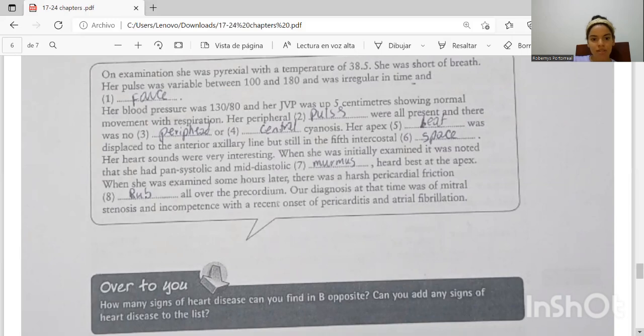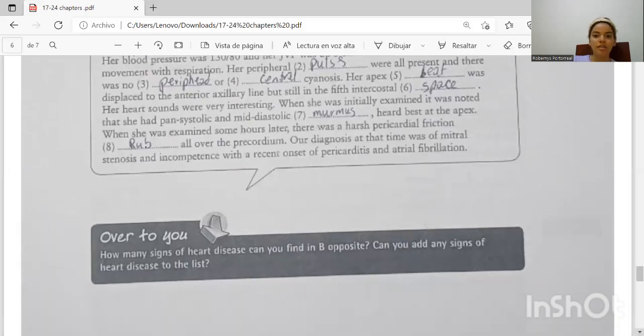When she was examined some hours later, there was a harsh pericardial friction rub all over the precordium. Our diagnosis at that time was of mitral stenosis and incompetence with the recent onset of pericarditis and atrial fibrillation.